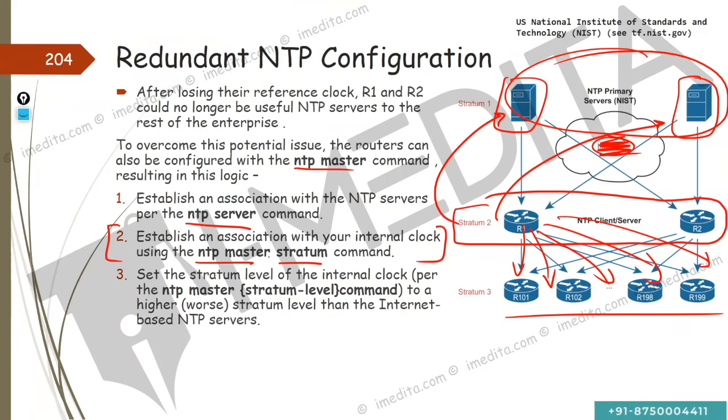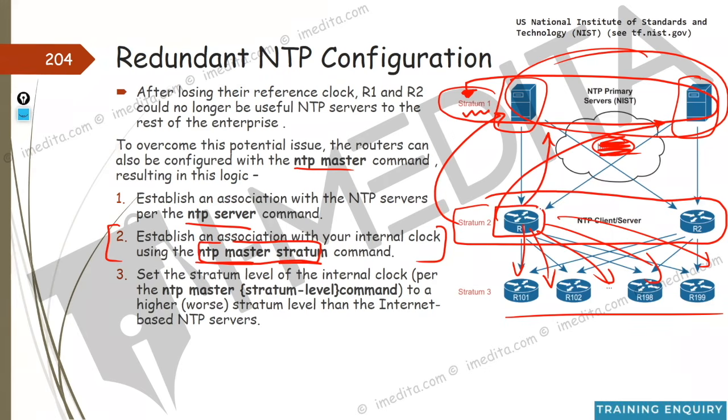Now, when you're configuring the NTP master command with the Stratum number, you should configure a Stratum number higher than the public NTP server Stratum, because we want the public time to be preferred. If the internet is working fine and we have reachability to these servers, then we don't want to utilize the internal clock of these devices.